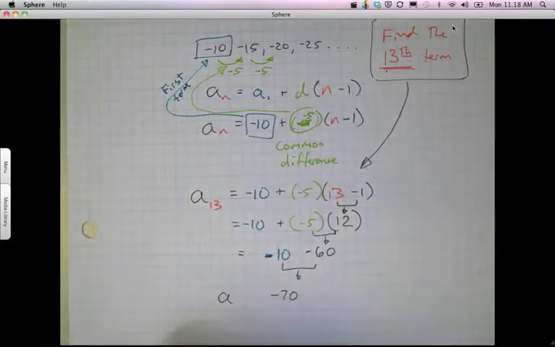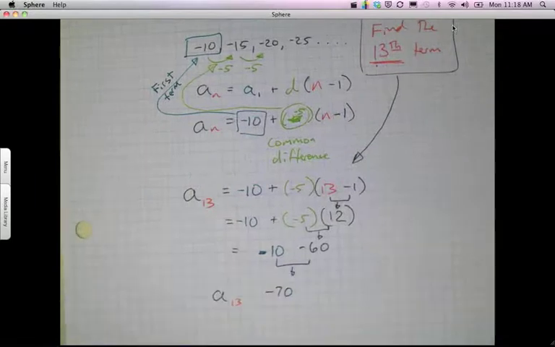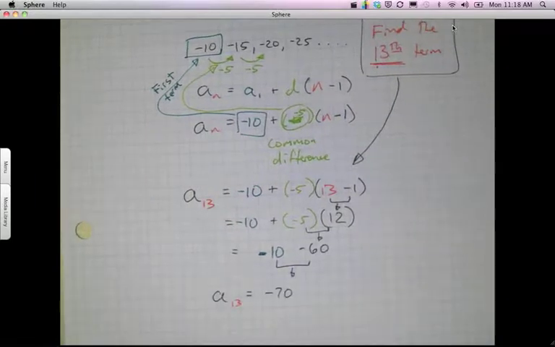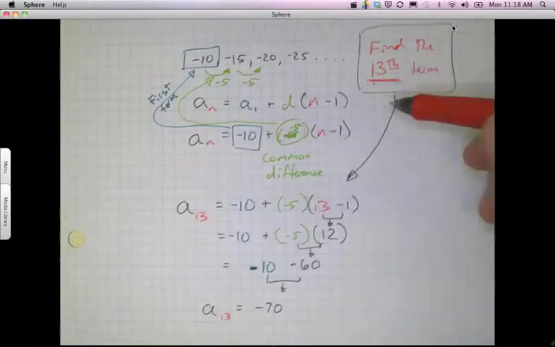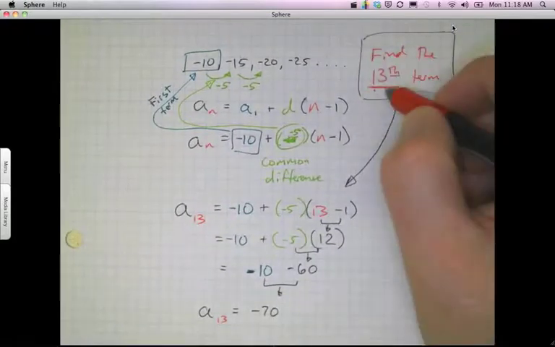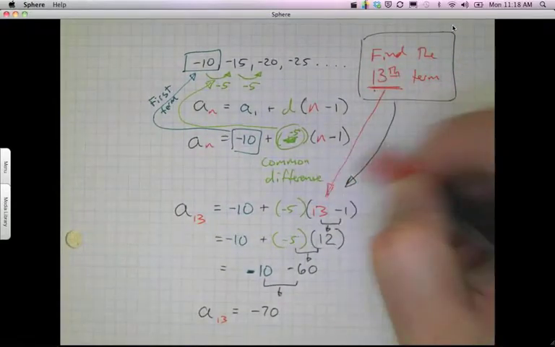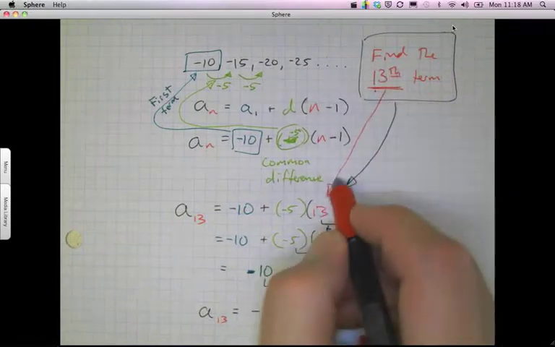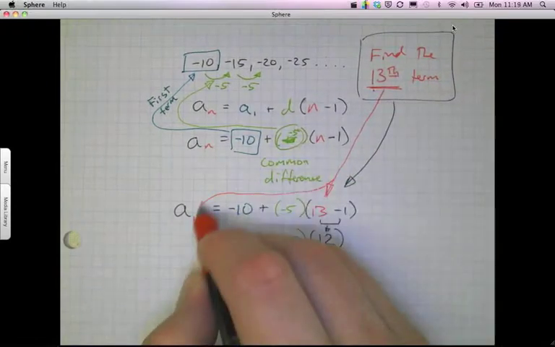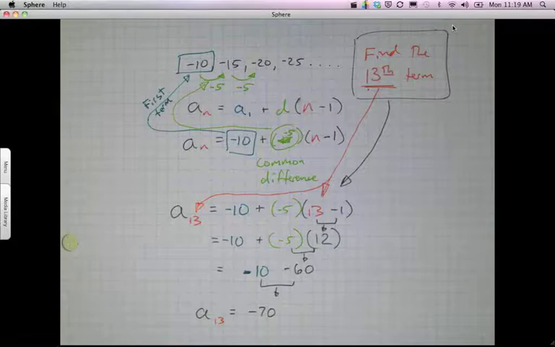So A sub 13 in this question is negative 70. And if I was asked to explain my process and explain why everything worked the way that it did, I would need to draw the arrows like I had done before, and then also include arrows that show how that 13th term becomes the n in my equation. So the really important part is you're able to show how all the different pieces connect.